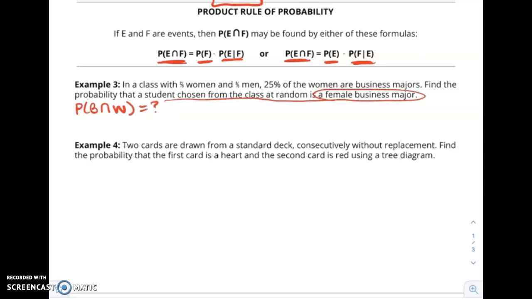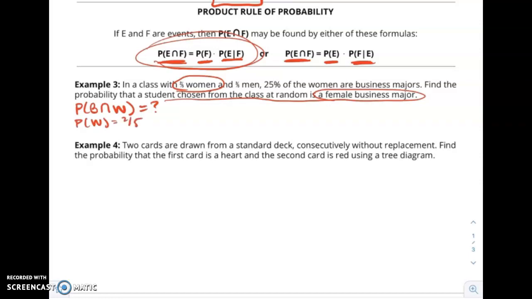Then let's see what we would use to find that. So if we look at these equations up here, since I'm using B and W, I want to stick with that. So then let's find the probability that the person's a woman. So that's what they're saying here. The class is made of 2/5 women. So the probability that the person's a woman is 2/5.